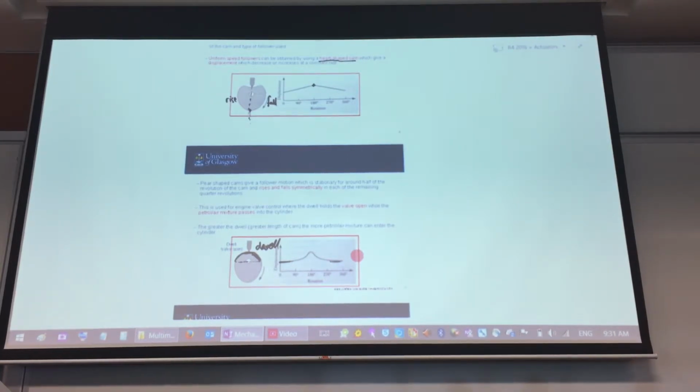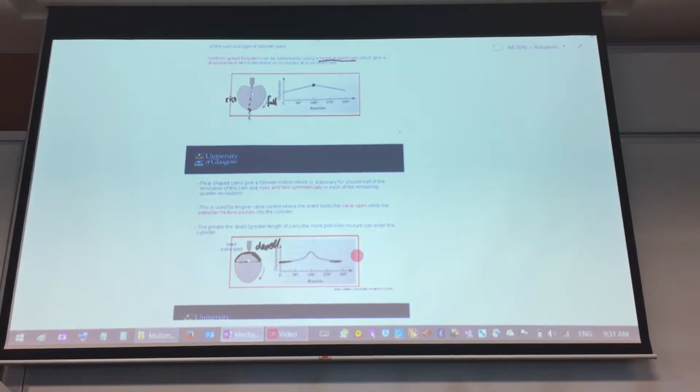So if you differentiate ds over dt, that will give you velocity, right? So if you have your displacement profile, by differentiating that, you can get your velocity profile.